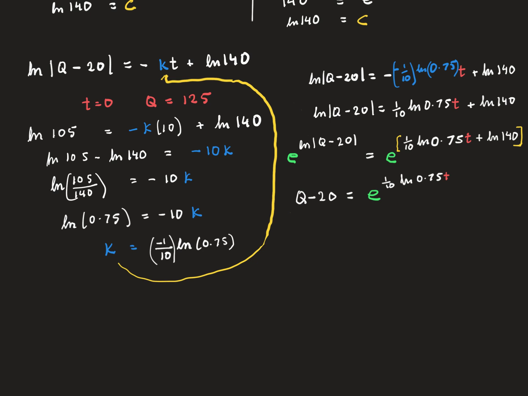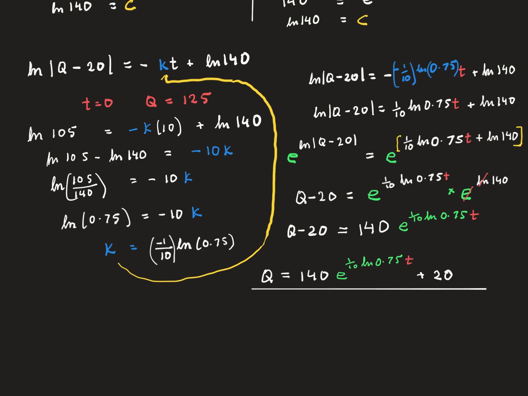But now, because this is an addition in the powers, I can multiply that by e to the ln 140. And once again, that cancels out, and we need to rewrite, which can be finally written as θ is equal to 140. That's why you get 6 marks for this differential equation.